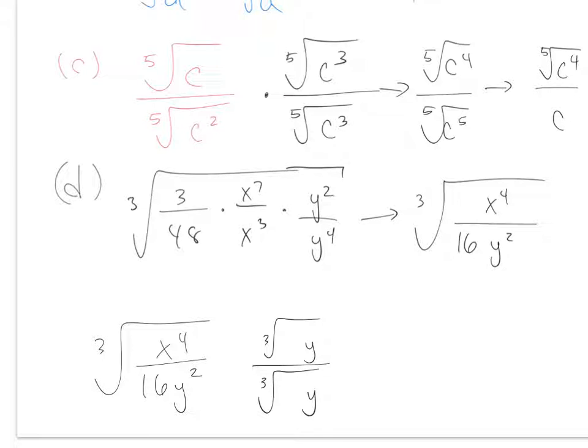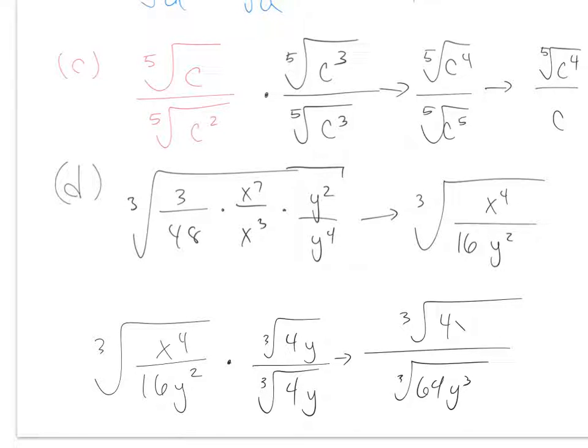What we're getting at, though, is that we need to multiply by 4 over 4 also. Because that makes my denominator now 64 y cubed. It makes my numerator the cube root of 4x to the fourth y.